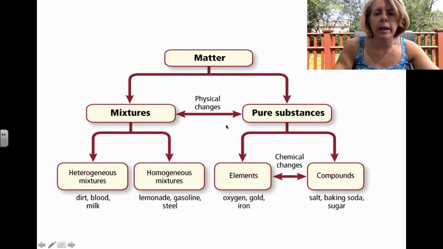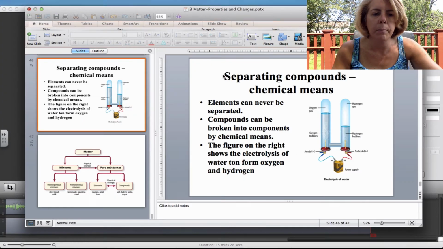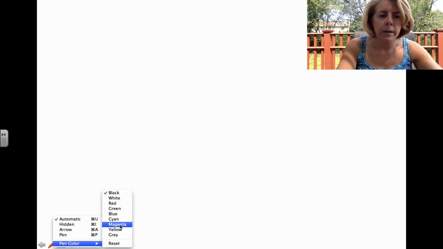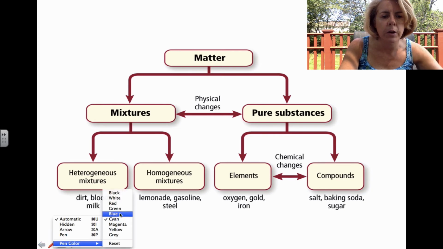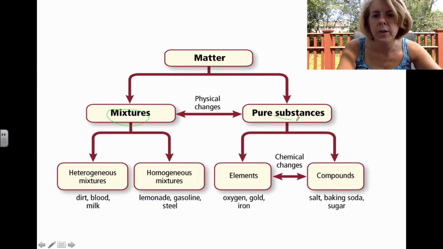So if you look at the last section of this, we have matter at the top. Oops, sorry about that. So matter at the top, and then you have two types of situations here. You have either mixtures or you have pure substances.